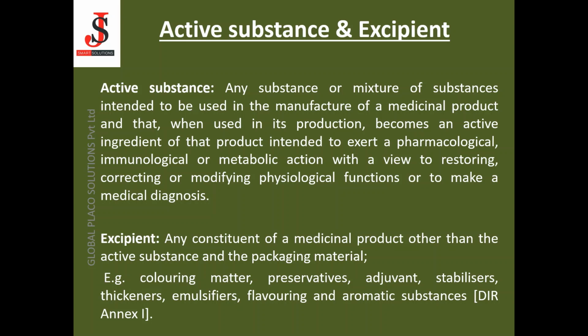First, we need to understand what is an active substance and what is excipient. Any substance or mixture of substances intended to be used in the manufacture of a medicinal product and that when used in its production becomes an active ingredient of the product intended to exert a pharmacological, immunological or metabolic action with a view to restoring, correcting or modifying physiological functions or to make a correct medical diagnosis.